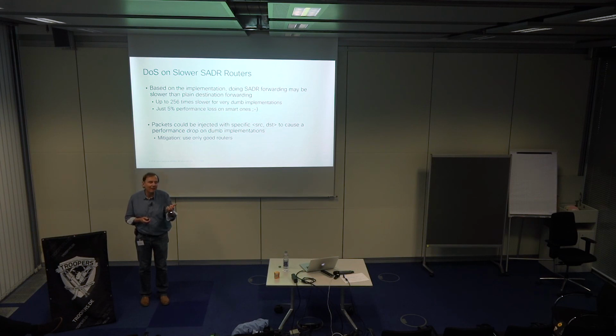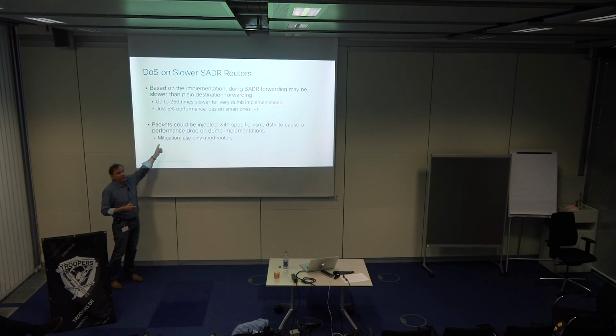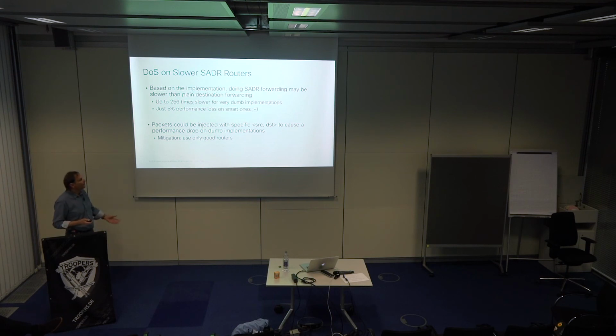So what if somebody, knowing that your network is using a bad implementation of Seder, is sending packets with the source and destination, maybe they will go nowhere, you don't care, but the performance of the router will drop because it's spending much time in hardware or software doing the bad implementation. Mitigation, obviously, use the right implementation, right? And I mean, this is more for reference, to be complete, because I guess there will be no bad implementation on the market, I hope.